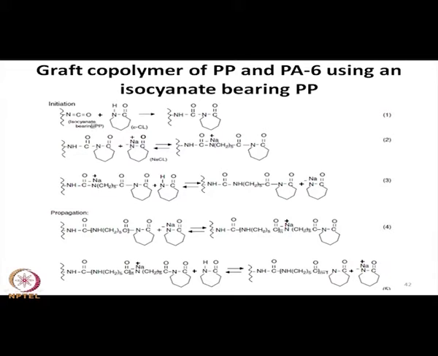So, these steps 1, 2 and 3 are the various initiation steps that can continue to propagate in the propagation step to form a polymer chain on polypropylene. That means a polypropylene chain over which this nylon 6 is grafted, and ultimately a blend of polypropylene with nylon 6 is available.